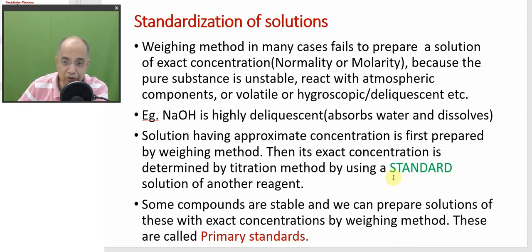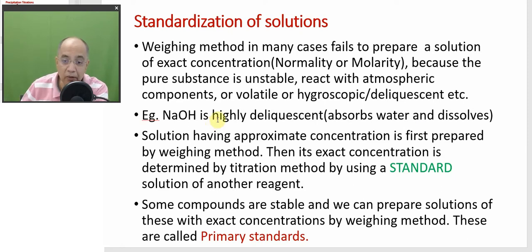That's why, for example, if you just take some pellets of sodium hydroxide in a bottle and weigh it in a balance, you will find that during the time of weighing it will be wet, it will be moist, and it will be very defective, and the mass you take will not be the exact mass of the actual sodium hydroxide present in it.